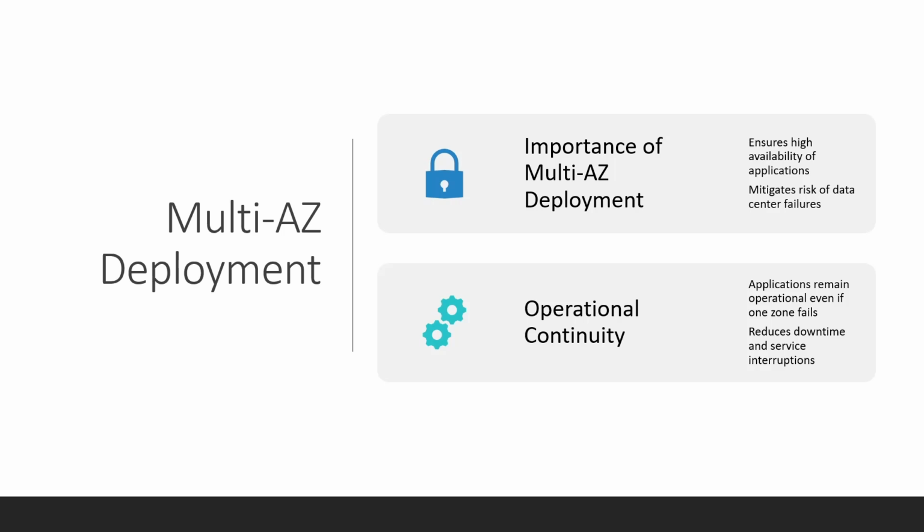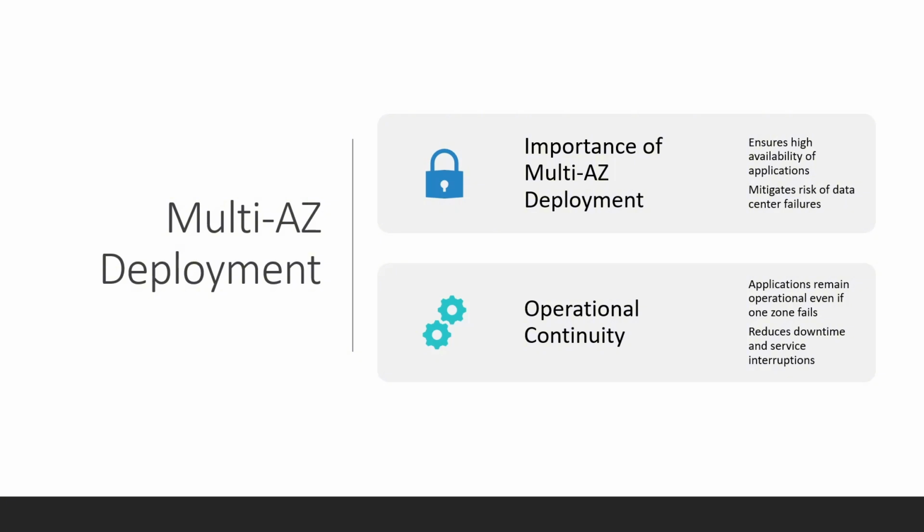It also gives you a lot of fault tolerance, giving you redundancy. So if one AZ fails, the other one can take over, which will ensure that your application will remain accessible. And of course, it also gives you disaster recovery. In the unlikely event of a disaster, having resources in multiple AZs is going to allow for quick recovery and continuity of your operations.